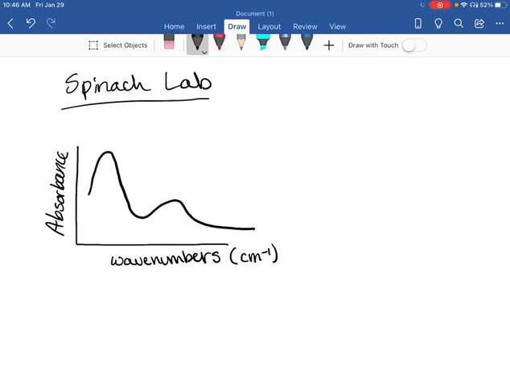Now remember, when you have a chart like this, the highest peak is your lambda max, and that's typically where we do our analysis. So if we were to plot that point as xy, that would tell us our wave number or wavelength and absorbance.